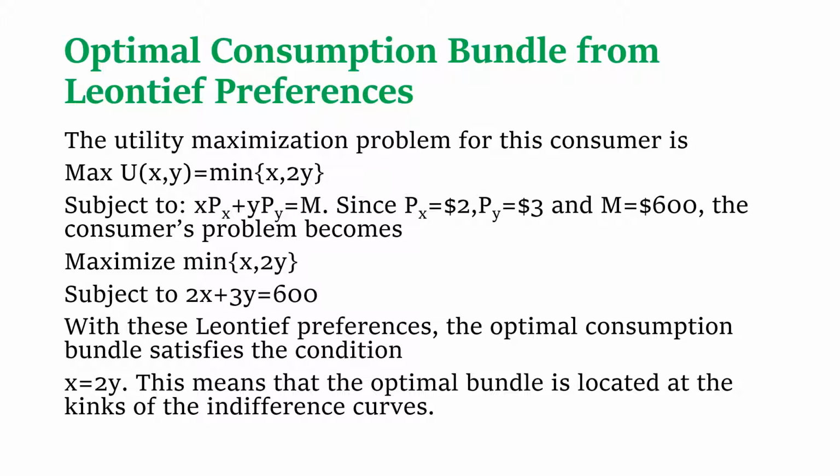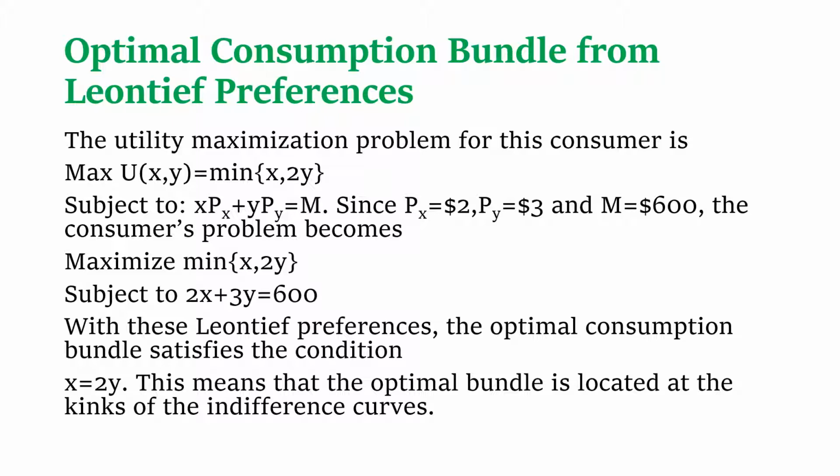Now remember that 45-degree line that crosses all those L shapes. That 45-degree line represents the optimal bundle. It shows where the optimal bundle is located.